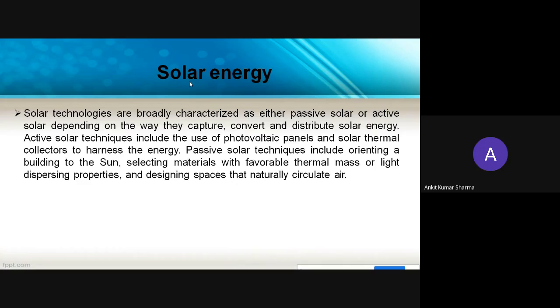Passive solar techniques include orienting a building to the sun and selecting materials with favorable thermal mass or light dispersive properties.